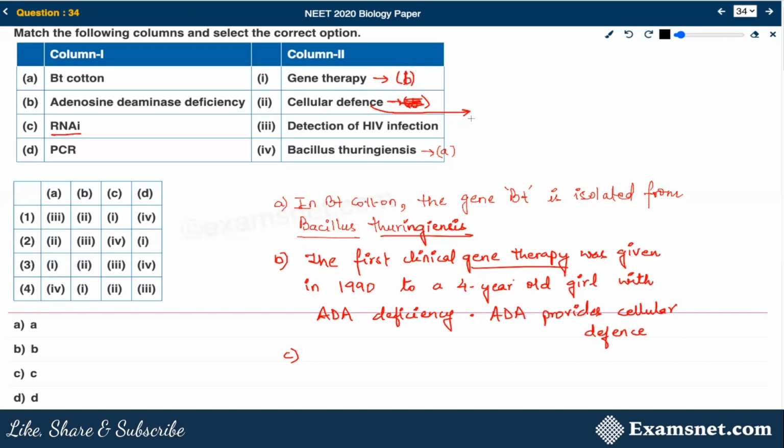RNAi basically stands for RNA interference, where there is cleavage or destroying of the viral mRNAs that enter into the body. So this is a method of cellular defense actually. So here will be C option.